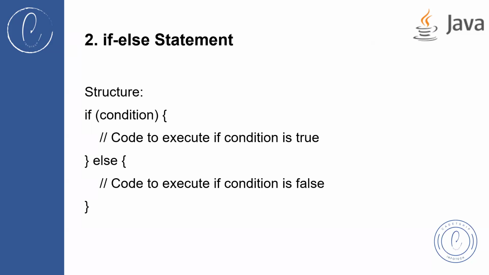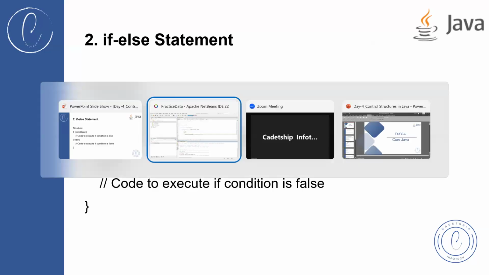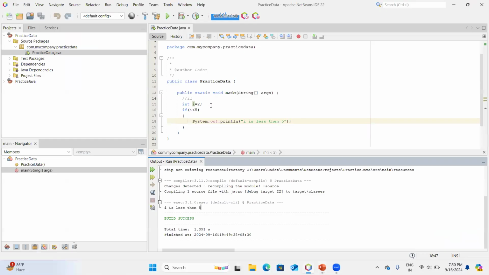Let's assume that I have a condition which I have to execute if it is true, but I also have code which I have to execute when the condition is false. So here I use the if else statement. If the condition is true, it enters the if block, but if the condition specified in the if block is false, it enters the else block and executes the alternative code.